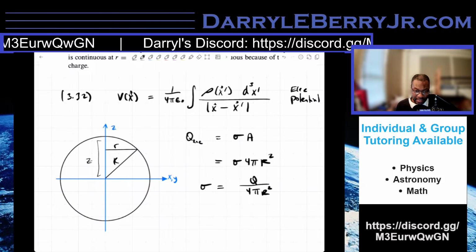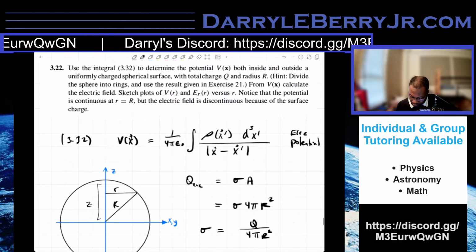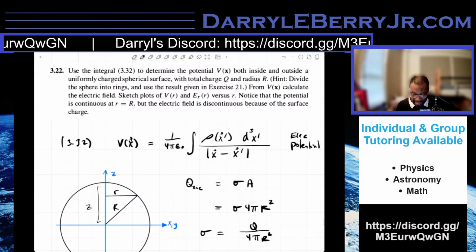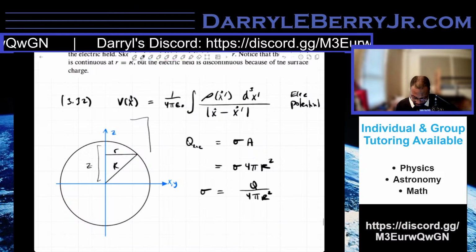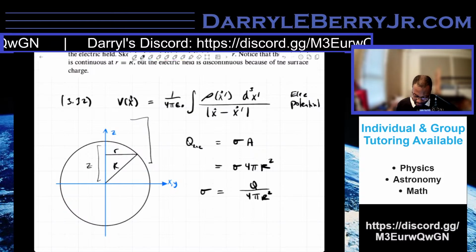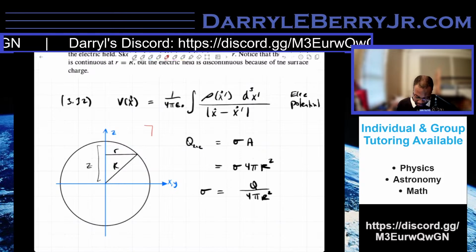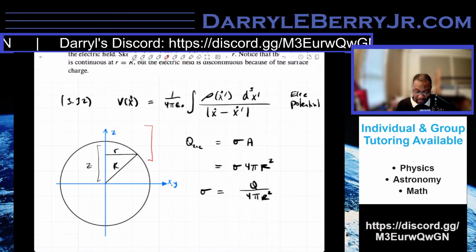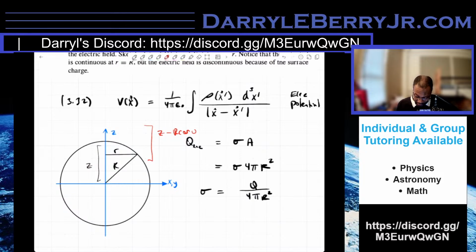We want the potential both inside and outside. So it's saying that this is z minus r cosine theta.